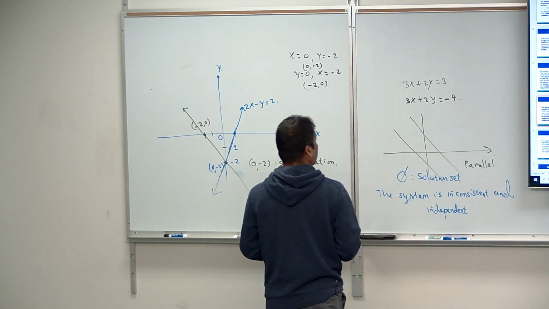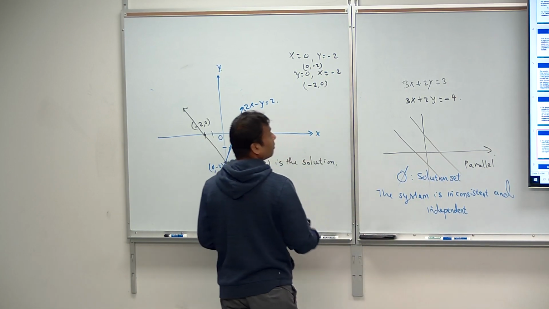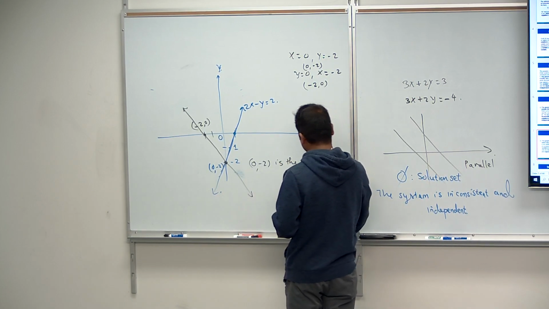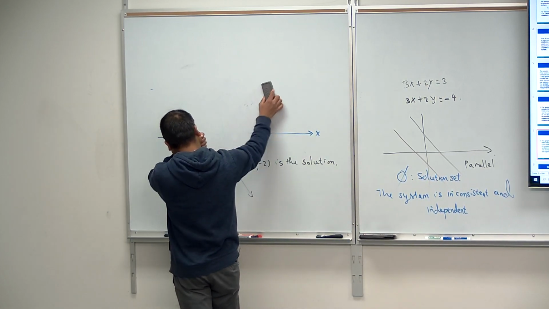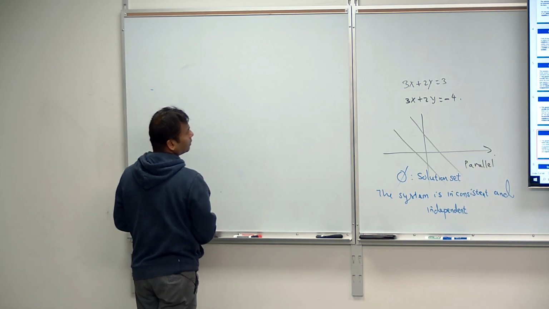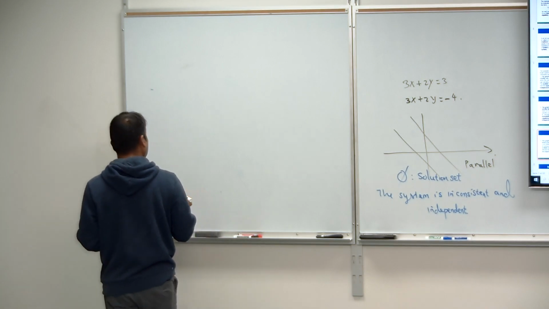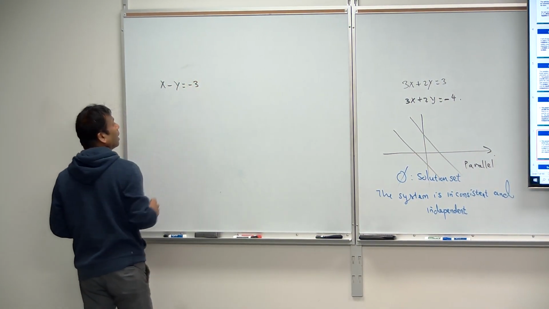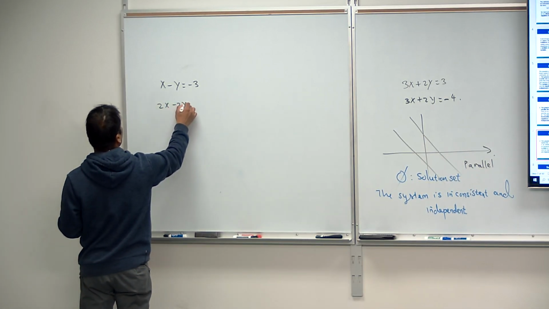And then the third one is coincident, where the graphs are the same line. Let me give you an example. You have x minus y equal to -3, and 2x minus 2y equal to -6.